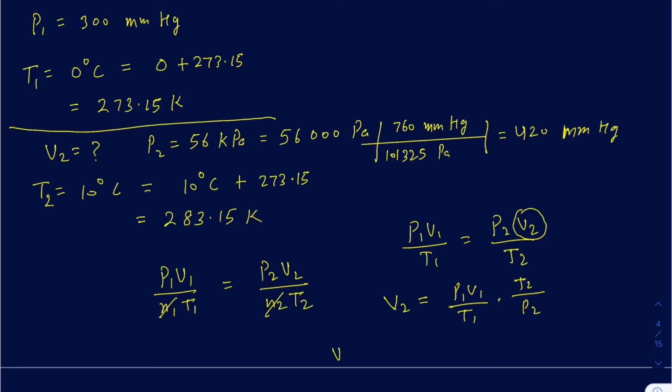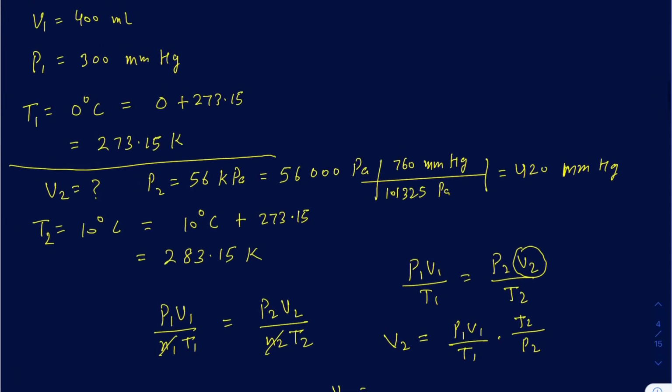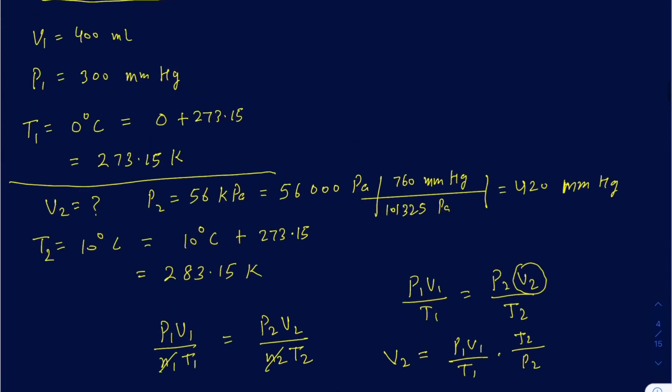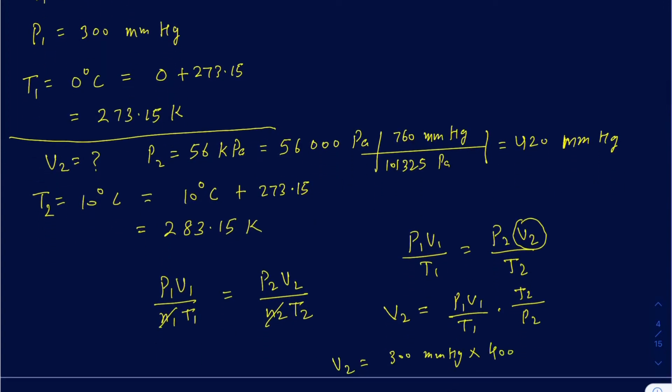So for your V2, let's go back and check what the P1 was, it is 300. So I write down 300 mm of mercury times your V1, which is 400 milliliters, and your T2 is 283.15 Kelvin, and that's going to be divided by your T1 and P2.